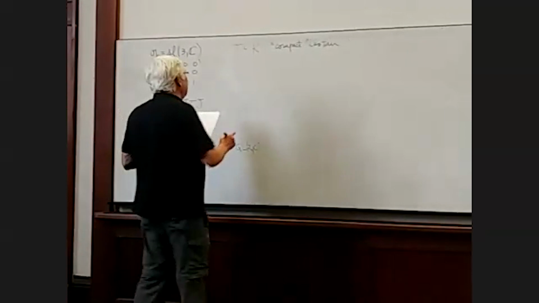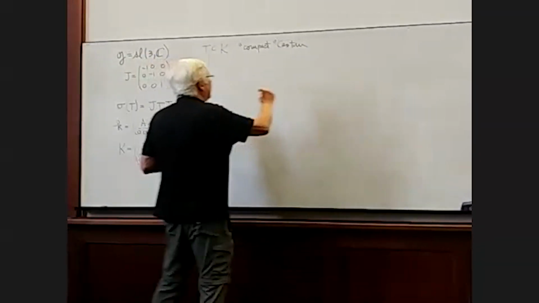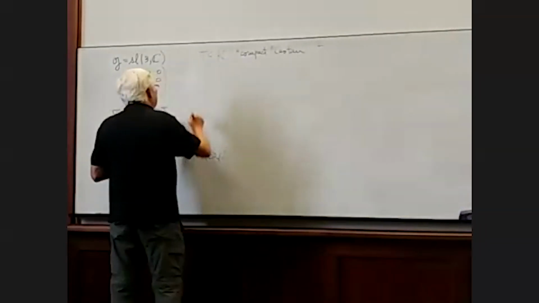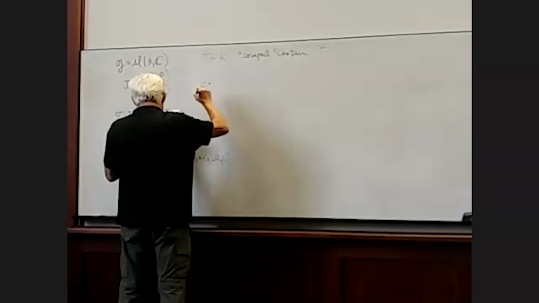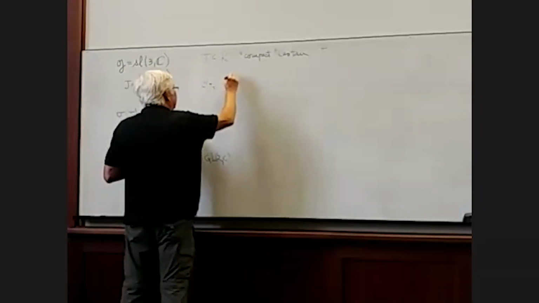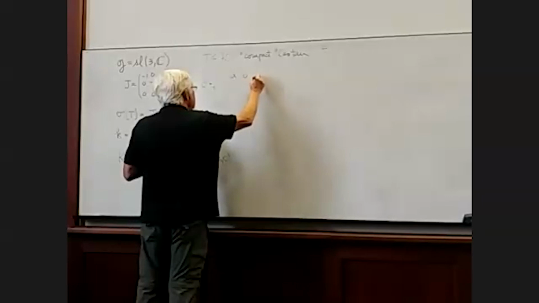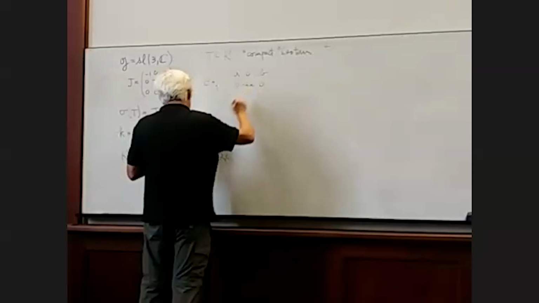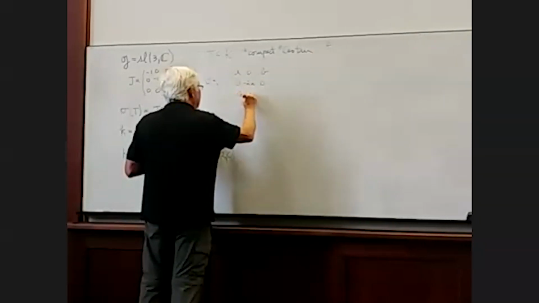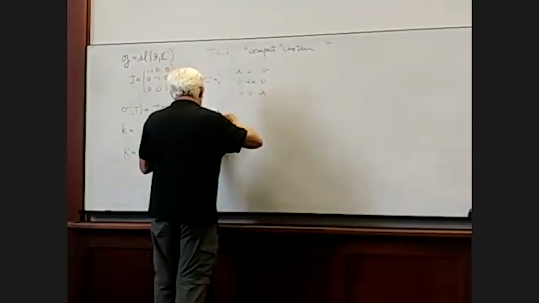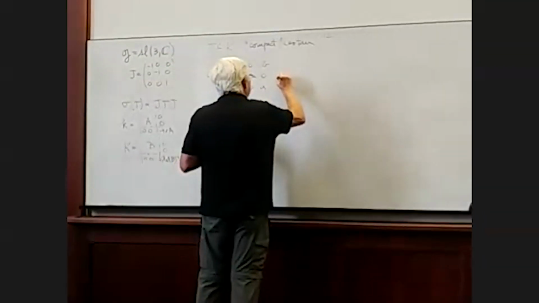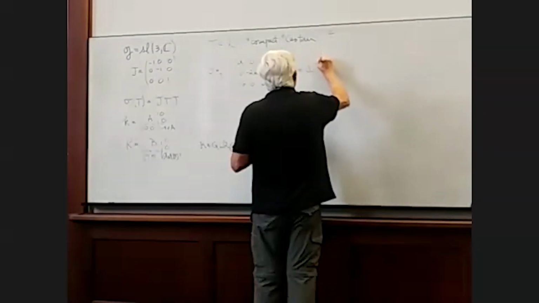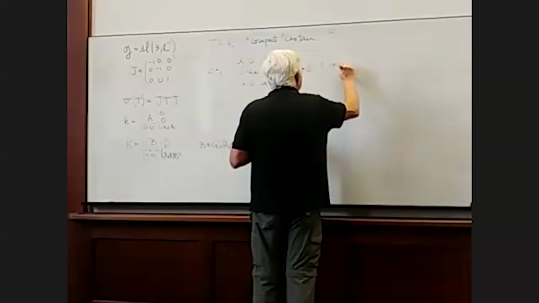And the other Cartan, so the Lie algebra I would denote by t, and the other one is c, which is not compact, which is A 0 B, 0 minus 2A 0, B 0 A, where A and B are complex. So this is, let's call it maximally split.